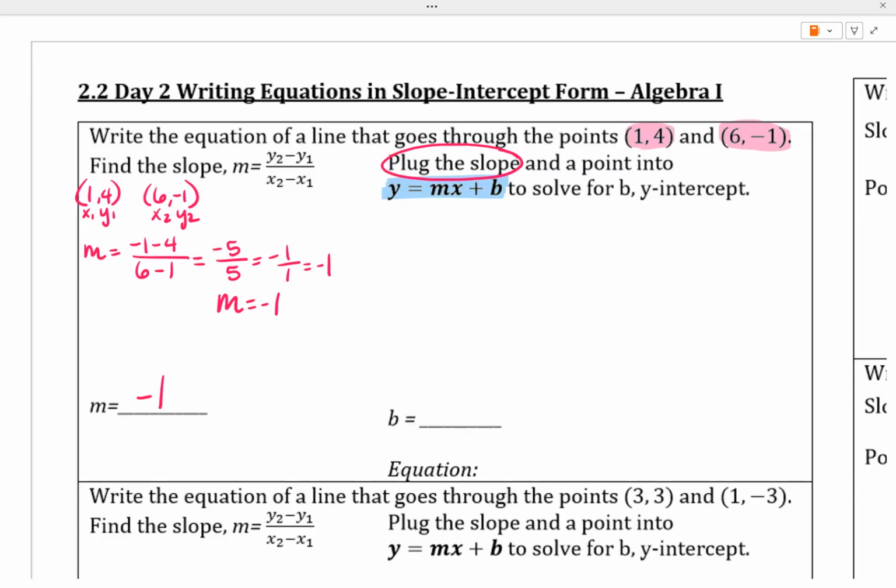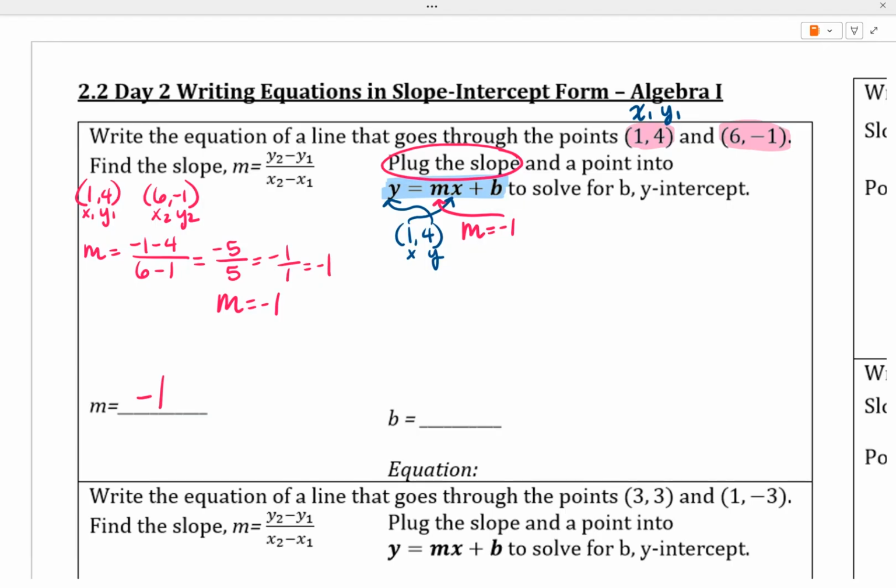And I'm going to plug that in for x and y. So I'm going to take (1, 4), and this is x and y. And I'm going to plug in x, and I'm going to plug in y. And m is equal to -1, and we're going to plug that in here.